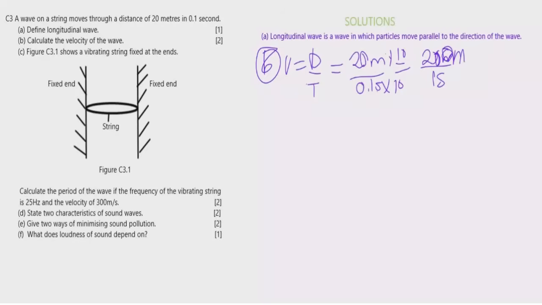So 1 into 200 goes 200 times, which is 200 meters per second. So that is the velocity, 200 meters per second.